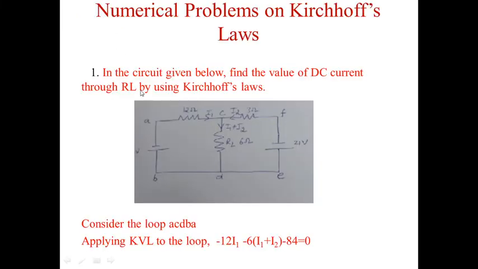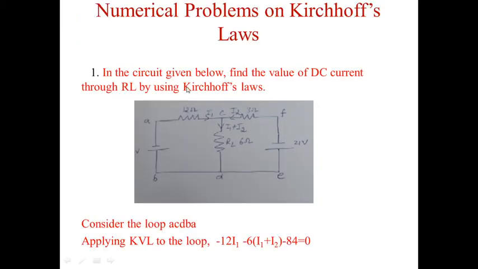Before that, we simplify the first equation: minus 12 I1 minus 6 I1 gives minus 18 I1, so it is minus 18 I1 minus 6 I2 minus 84 equal to 0. Which is written here as minus 18 I1 minus 6 I2 equal to 84, where 84 is taken to the right hand side. Call it equation number 1.